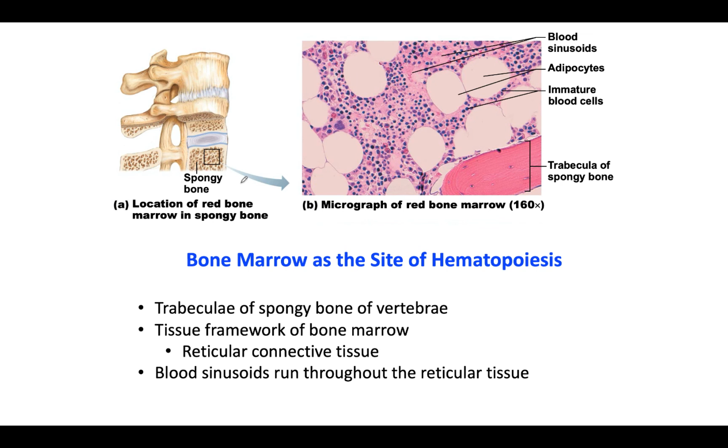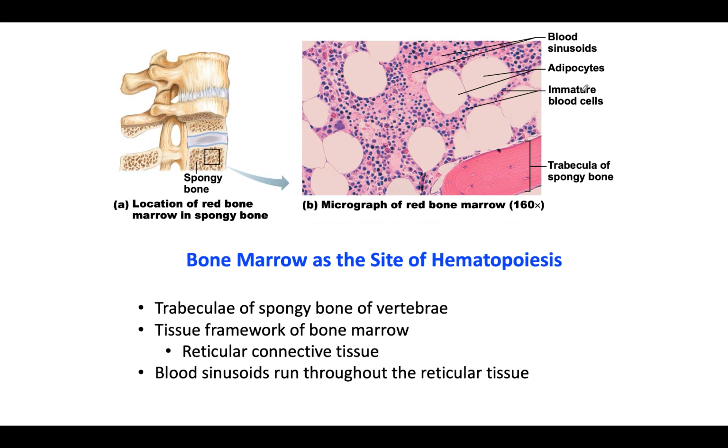So this spongy bone is magnified, and then you can see trabeculae of spongy bone. And you can see immature blood cells are formed. So bone marrow is the site of hematopoiesis.